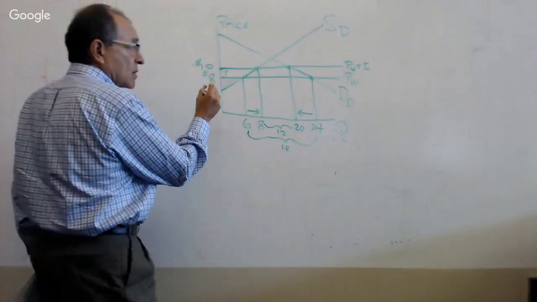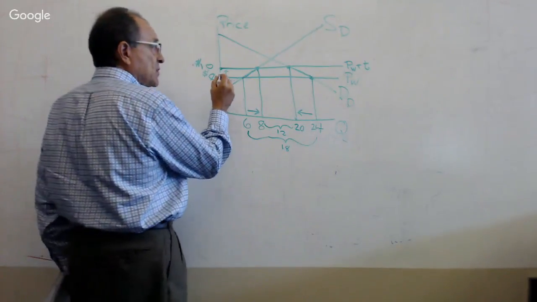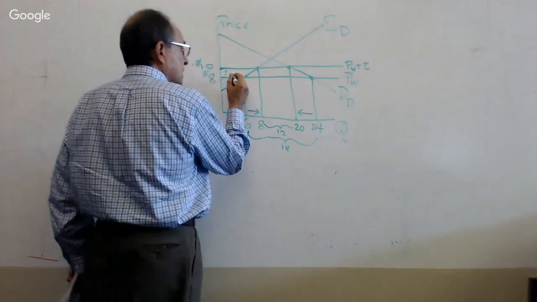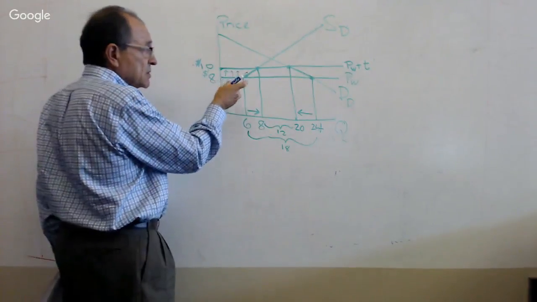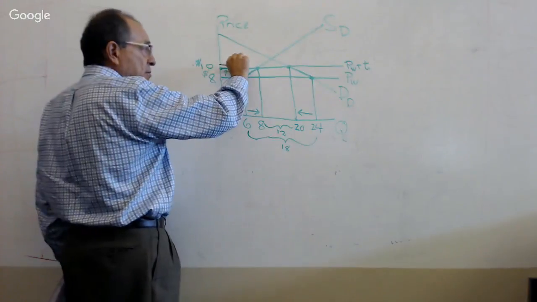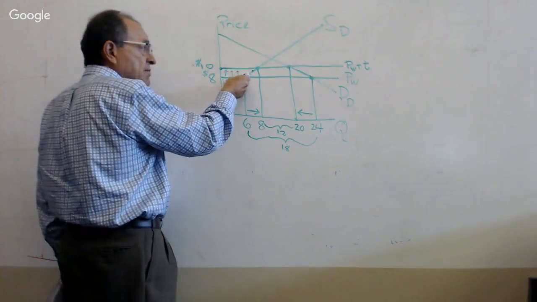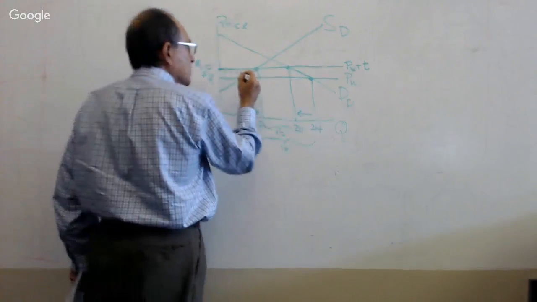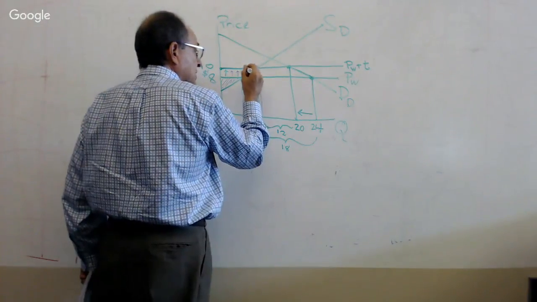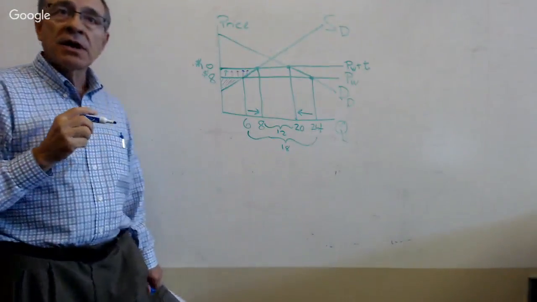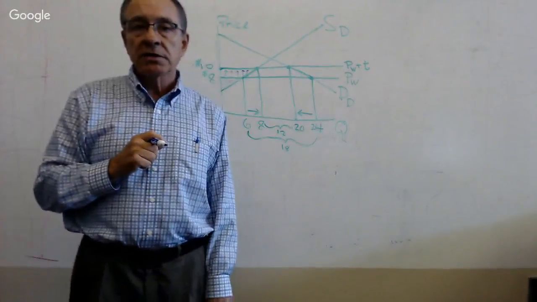Now, with the tariff, remember the definition of producer surplus: it's the area below the price but above the supply curve. And so producer surplus has now expanded by the area which has the blue arrows.